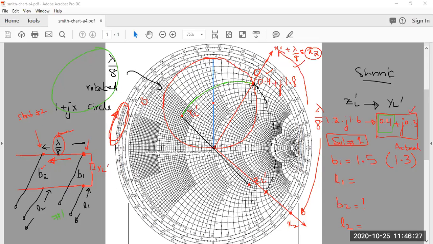Once we are at this point, we need to find its value, because it is on the 1 plus jx circle. We know the real part is 1. All we need to do is find the imaginary part of this point. With respect to the figure that I have drawn, this imaginary value must be this one.